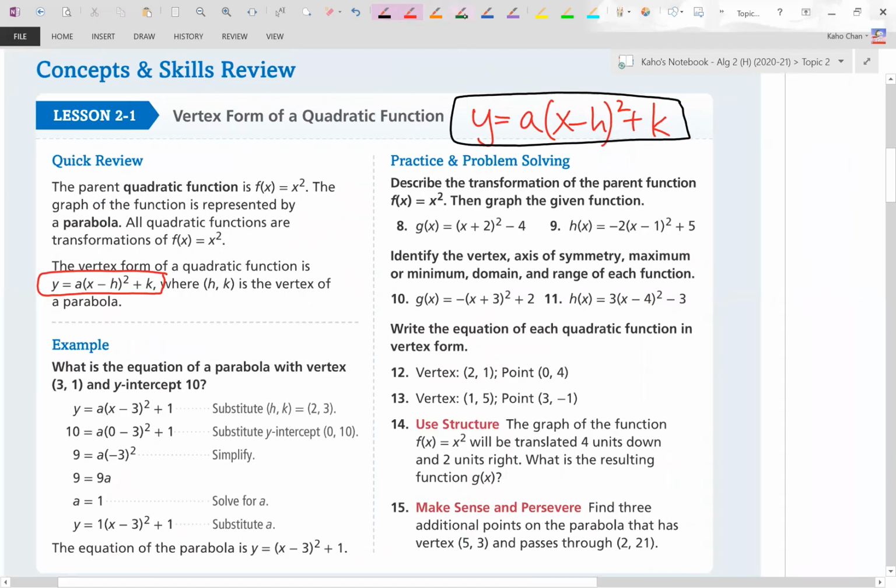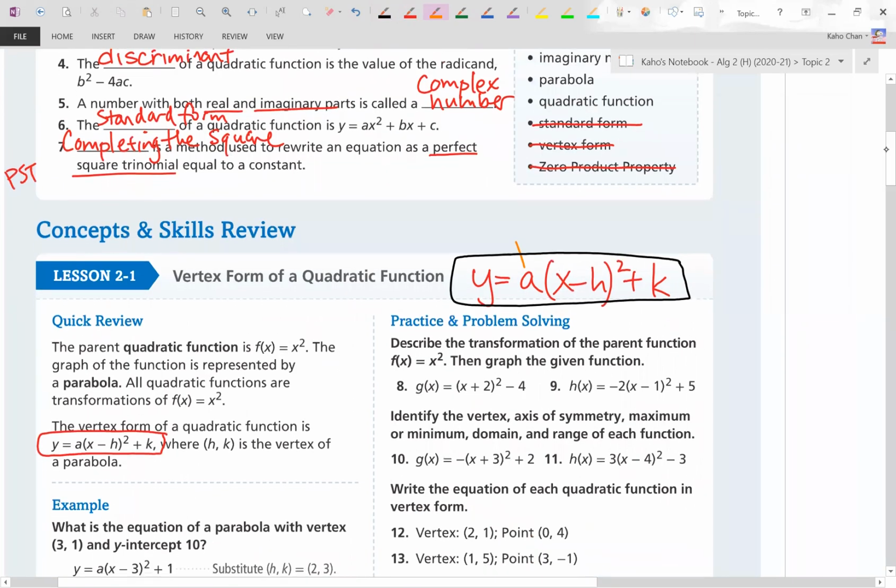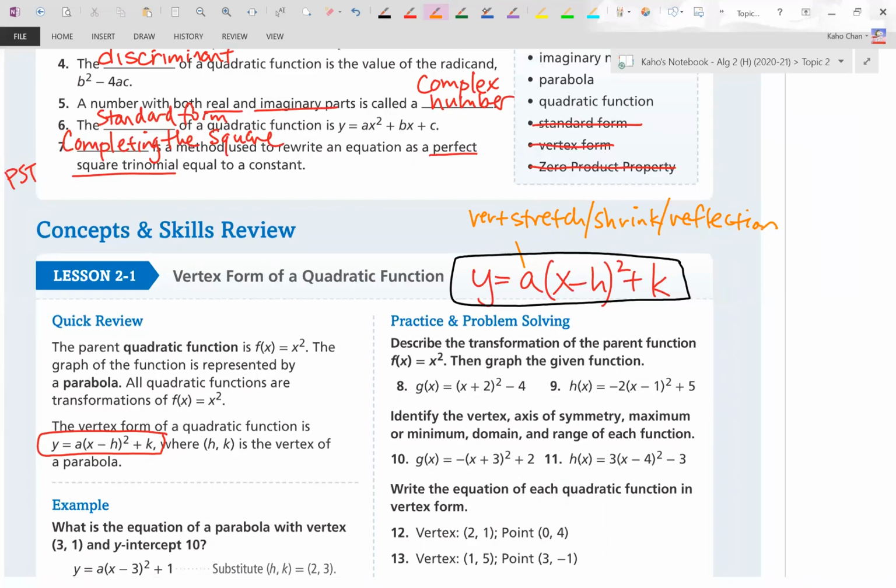A, of course, is the vertical reflection, stretch, and compression. We also know compression as shrink. And of course, h and k are referring to left, right, up and down movement. We're shifting.